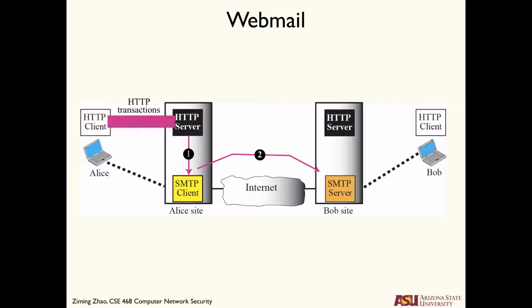And when Bob logs in to his mail server, basically he logs in to an HTTP server, and that HTTP server has a trusted connection with Bob's mail server, and also Bob will use HTTP protocols to retrieve his email. So in this case, Bob is not using POP3 or IMAP to download and retrieve email, but HTTP.